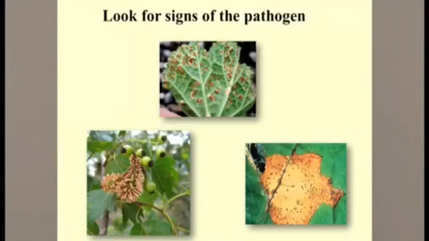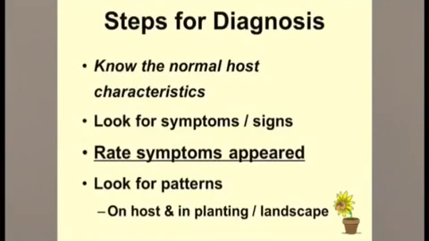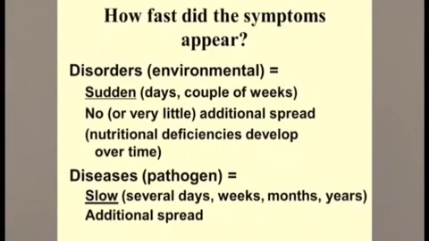And you can also differentiate the steps of diagnosis already discussed with you all. How fast did the symptoms appear? This is sudden, or over several days, into weeks or months, or a couple of weeks.